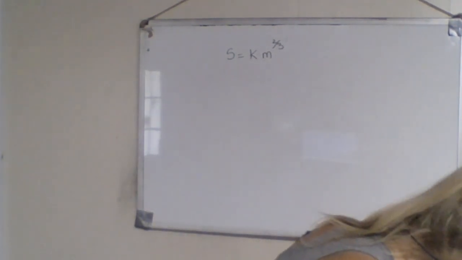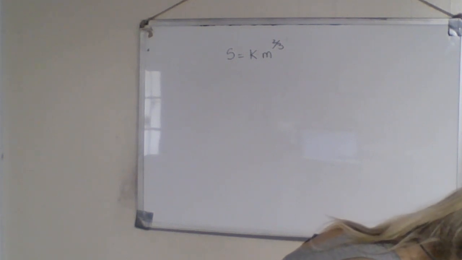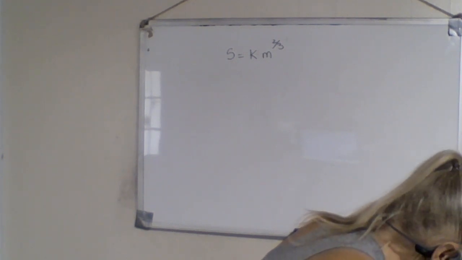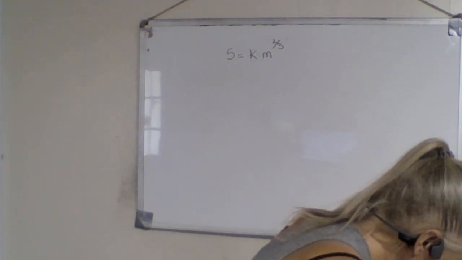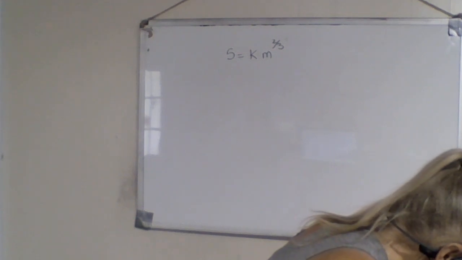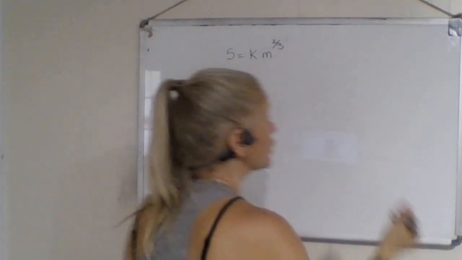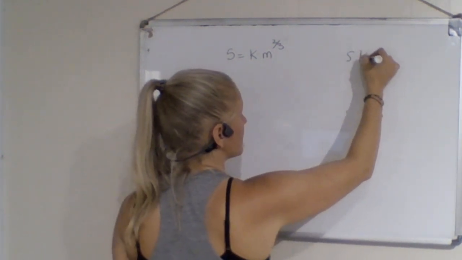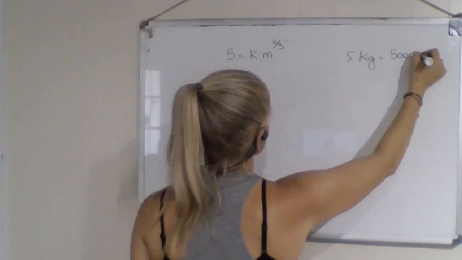M is mass in grams, and S is the surface area of a mammal, right? They give you all kind of stuff there, and it says approximate S of a cat that has the mass of 5 kilograms. You need the mass in grams. So 5 kilograms equals 5,000 grams.